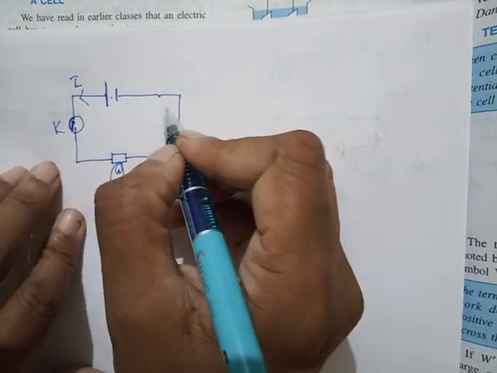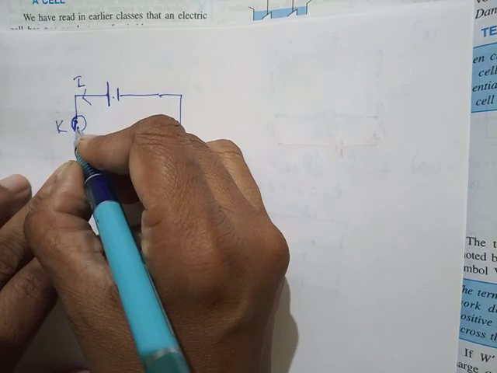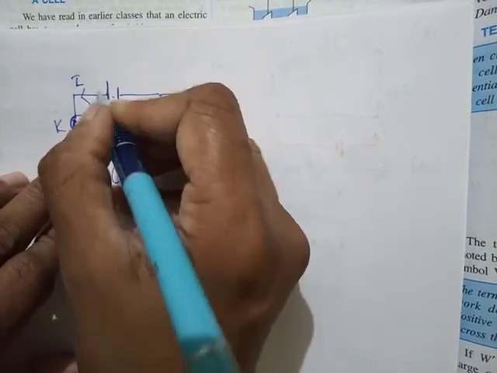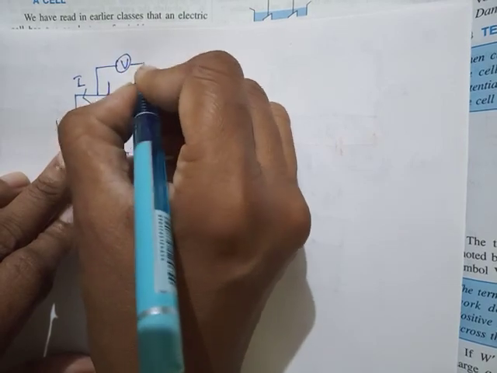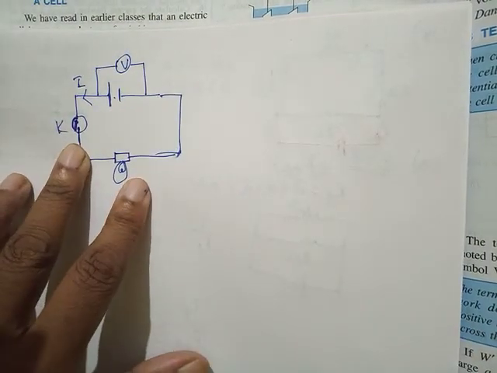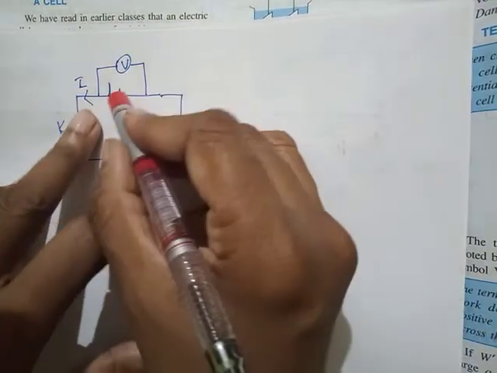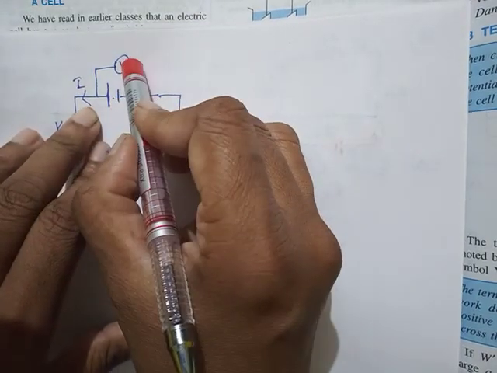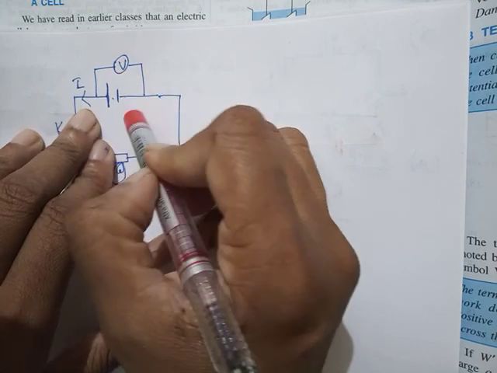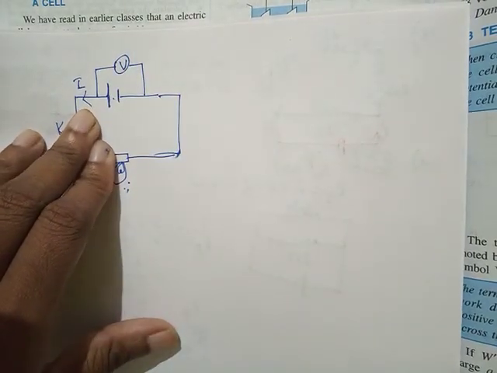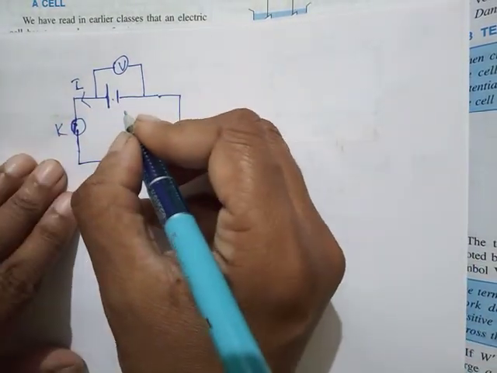Now when the key is open, means when no current is flowing, what I have done is I'm going to connect a voltmeter across this battery. You know, a voltmeter measures voltage, and we always have to put it in parallel. I'm going to measure the voltage of this battery.